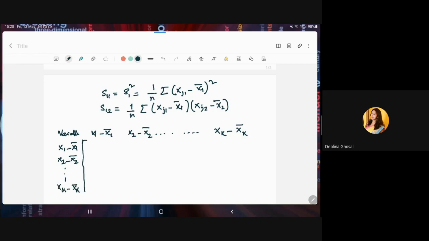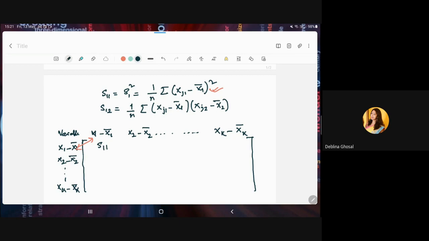Then what does this show us? This area is the multiplication of these two. That means x1 minus x1 bar times x1 minus x1 bar, which is this term: x j1 minus x1 bar squared, because both are the same. So you write here S11.